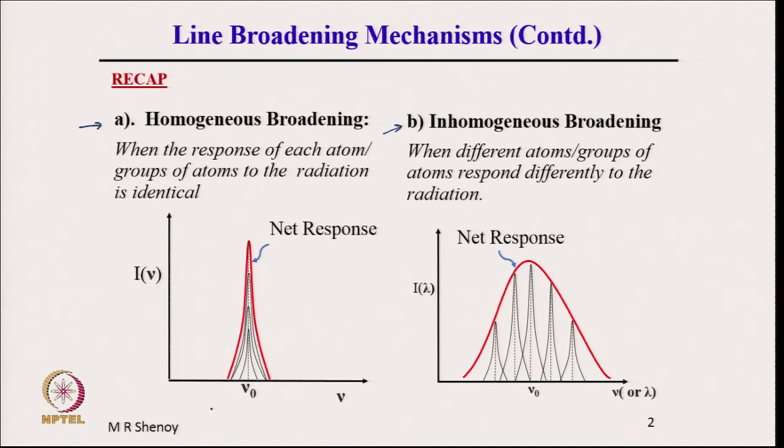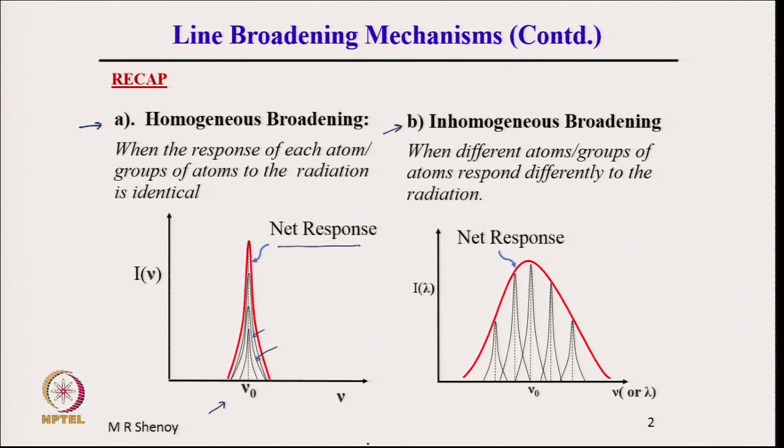As you can see here in this diagram, all the different curves which are shown here are the response of different groups of atoms, but all of them are centered around a resonance frequency nu 0, and therefore, the cumulative effect will also be a resonance centered around nu 0, and that is the net response which is shown here with the red line.